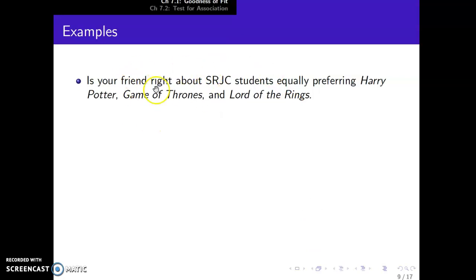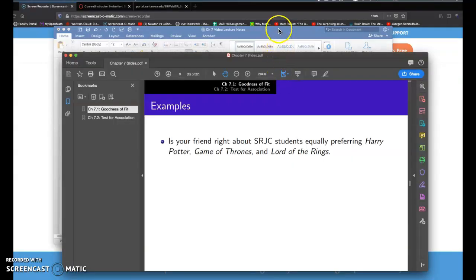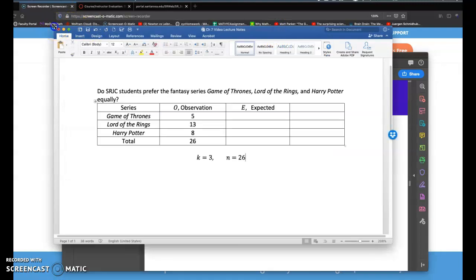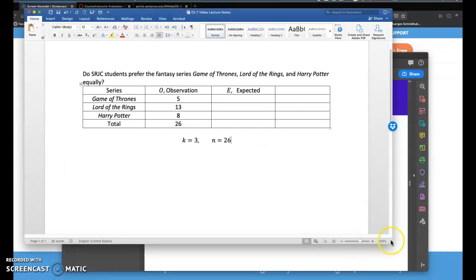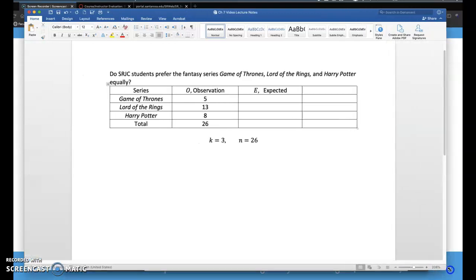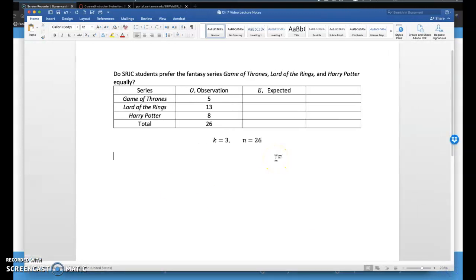Okay, so I want to go through the example about SRJC students equally preferring Harry Potter, Game of Thrones, and Lord of the Rings. All right, I'm going to make this a little bit bigger. We have all the information here.